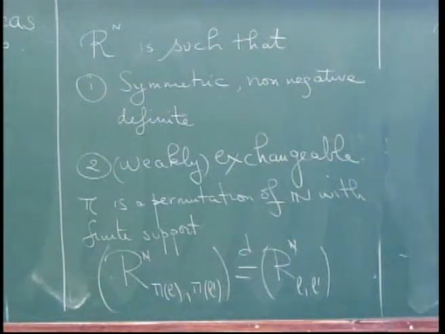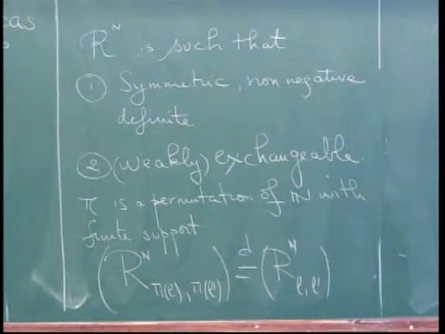This space here, I can endow it with pointwise convergence of finite marginals, because everything here is defined through finite marginals. I have a certain space here, let me call it M. This is the space of all these arrays. And in fact, this guy lives in a small part of this. It lives in the space of such arrays that are symmetric, non-negative definite, and exchangeable. All right?